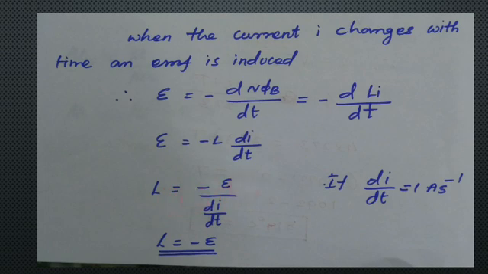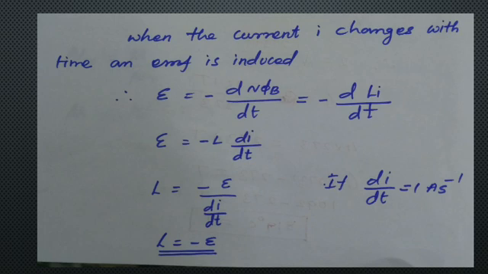That means the self-induction is numerically equal to the induced EMF in the coil. Okay students, this is the derivation for the self-induction. Do you understand? Shall I go to the next topic?